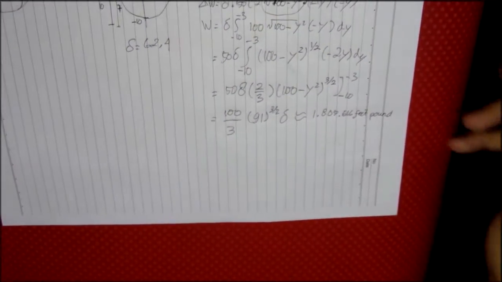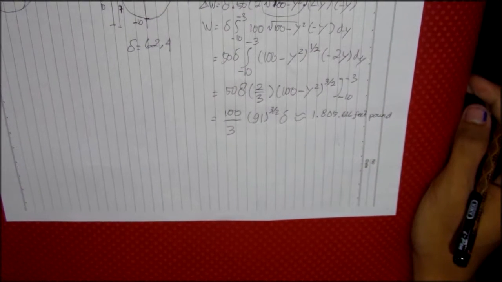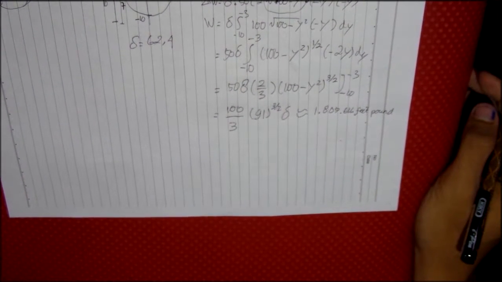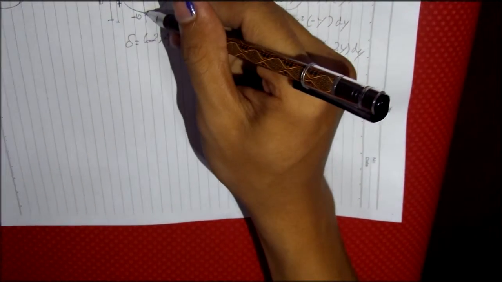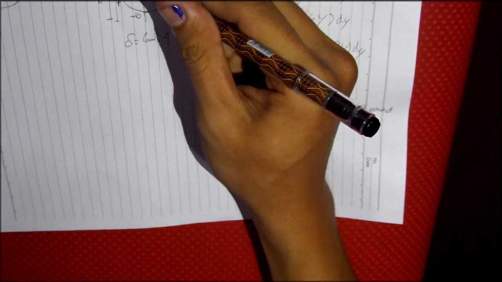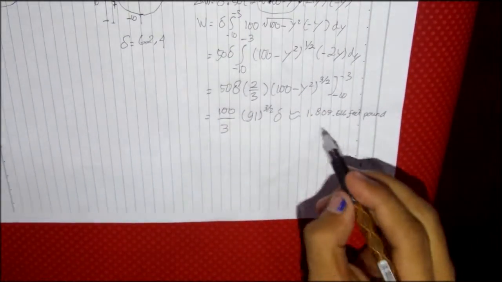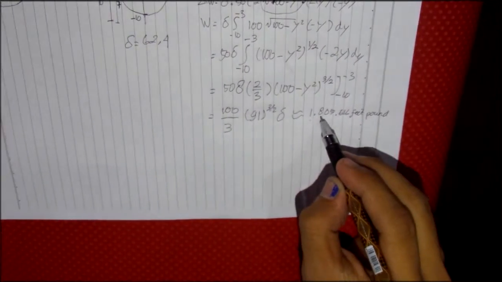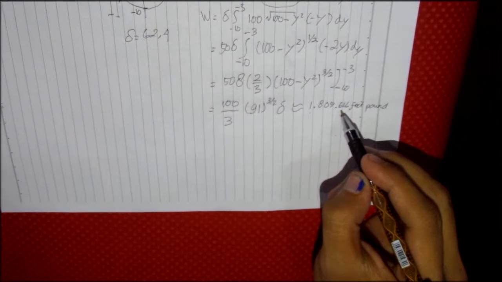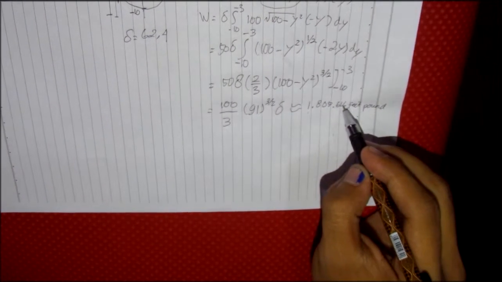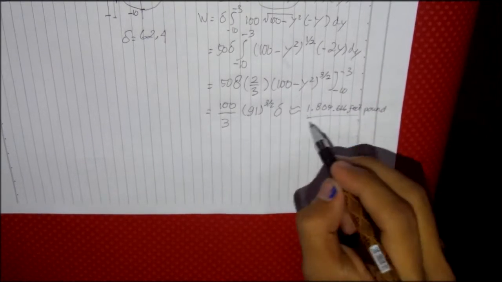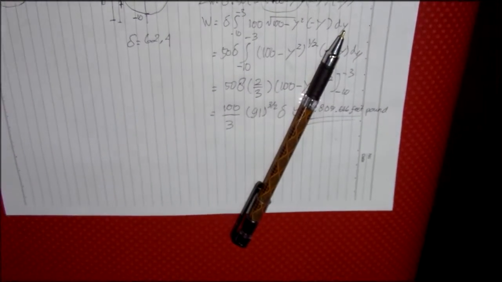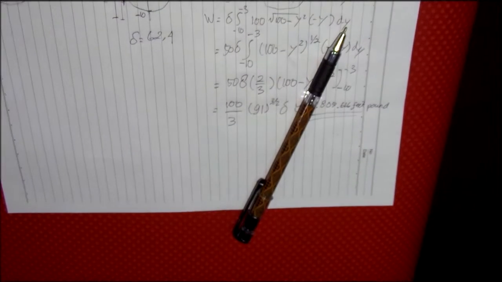So that is the solution of this example. The work we need to move the liquid from the bottom of the tank to the top of the tank at minus 3 here is 1,805,616 feet pound.